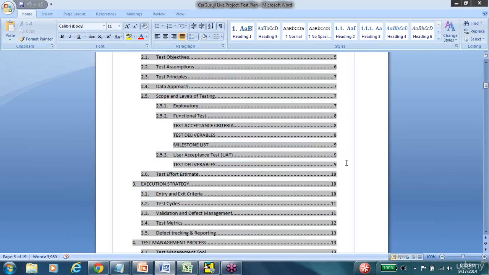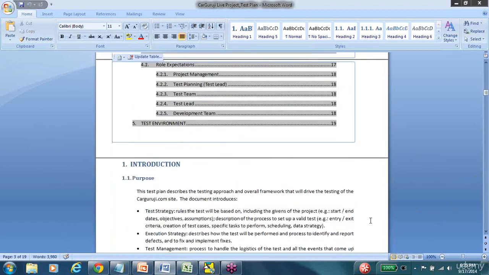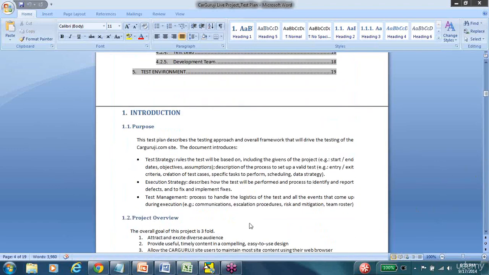Without us going any deeper into the test plan concept, do you think UAT should be a part of a test plan that we're talking about right now? Okay, if that makes sense, we'll go further and figure out if that needs to be there or not.